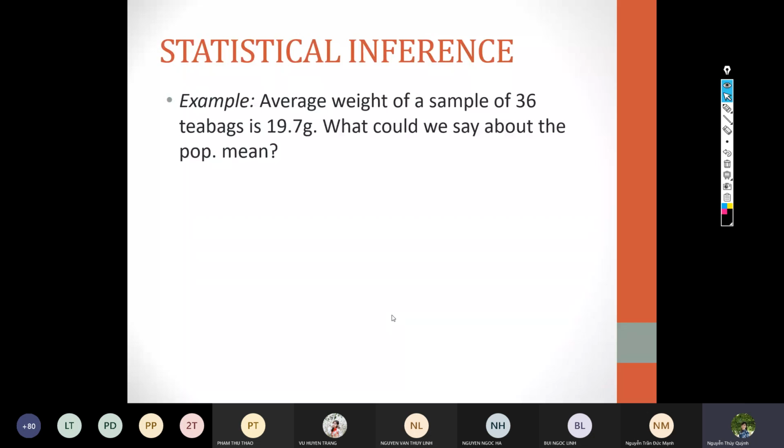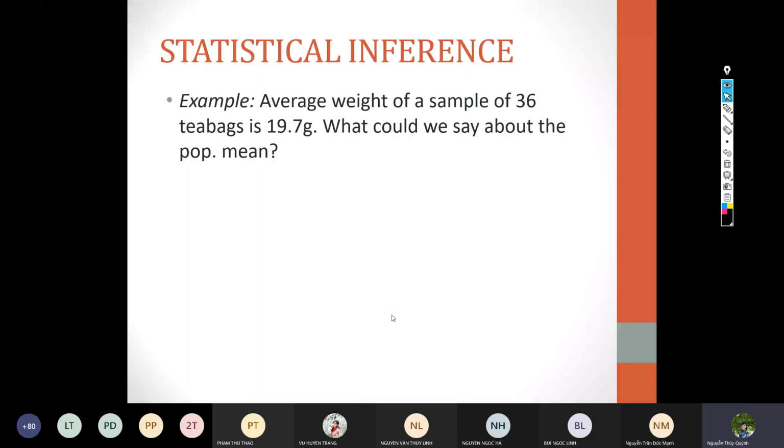So it is impossible to collect the data of the whole population of interest. So the second way to get information about the population parameters is to collect a random sample from the population.